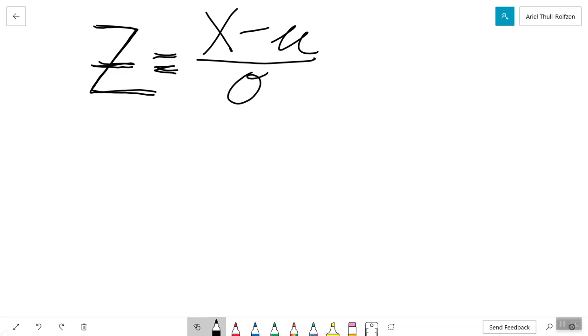So there's an equation that we use for any normal distribution problems, and it's z equals x minus mu, our mean, all over sigma, our standard deviation.